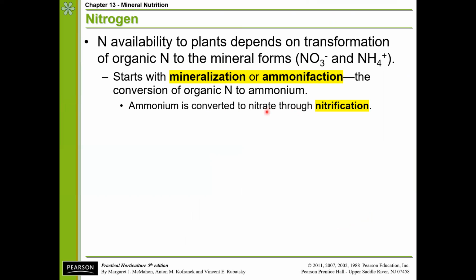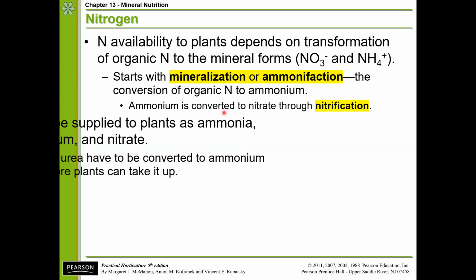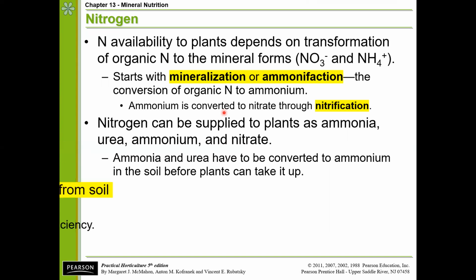It starts with mineralization, which is converting organic nitrogen into a form in the soil. And again, that's usually happening through bacteria. So we have ammonification, which is the conversion of nitrogen to ammonium, and then ammonium to nitrate, first to nitrite and then to nitrate through nitrification. And those are very important parts of the nitrogen cycle.